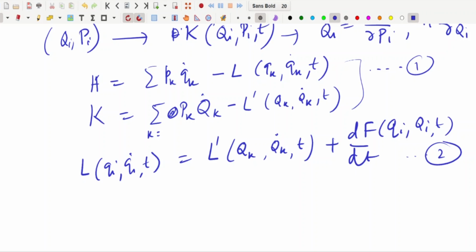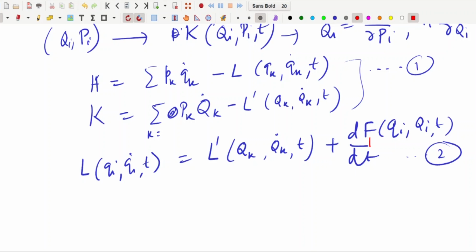And F, as we will see in the case of point transformation, will play the role of generating functional for such transformations. Later we will see there are many possible generating functionals, so let us write F1 to make it distinct from the others. This is the first type.